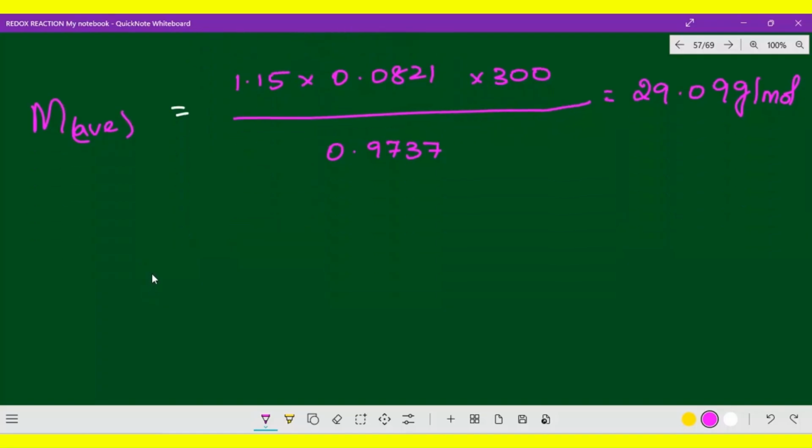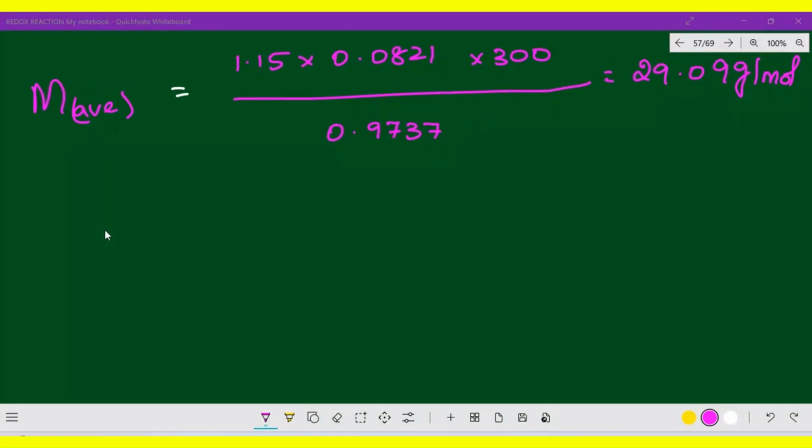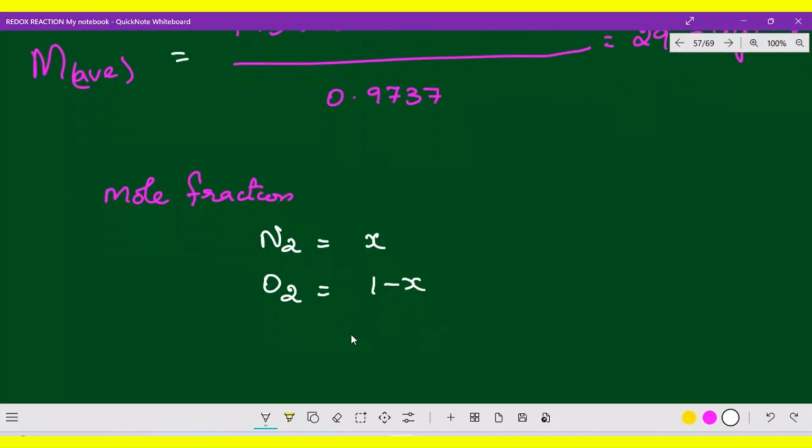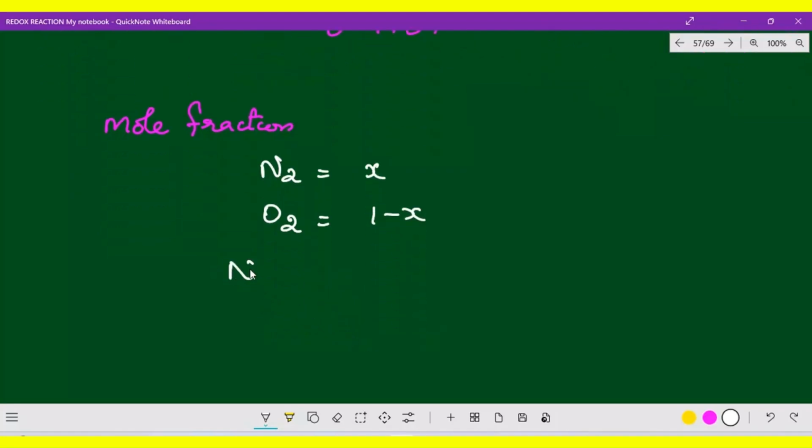Now we have to identify the percentage. For that we depend on mole fraction. As we consider nitrogen, we can take it as x. Oxygen we can take as 1 minus x. Nitrogen molar mass is 28, oxygen molar mass is 32, everything gram per mole.